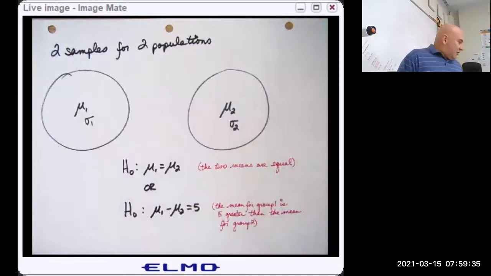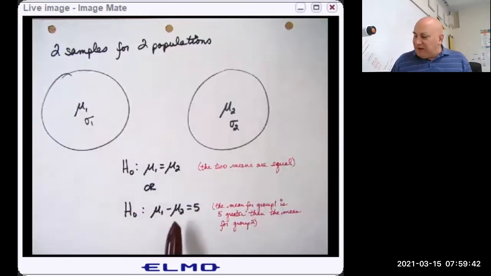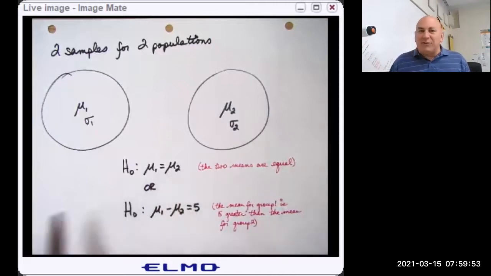Now, on page 420 of your textbook, it says that you could write this as mu1 minus mu2 equals 0. I encourage you not to do that, because mu1 minus mu2 equals 0, we're going to reserve that for matched pairs.